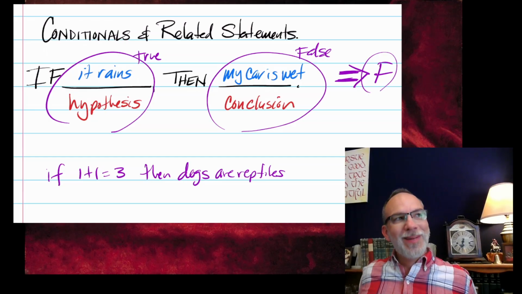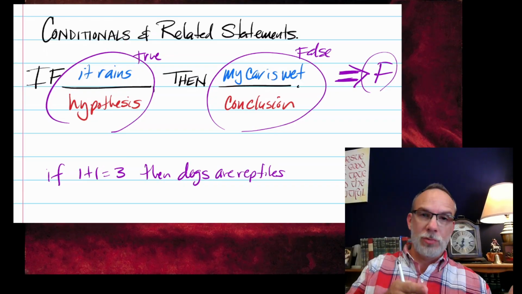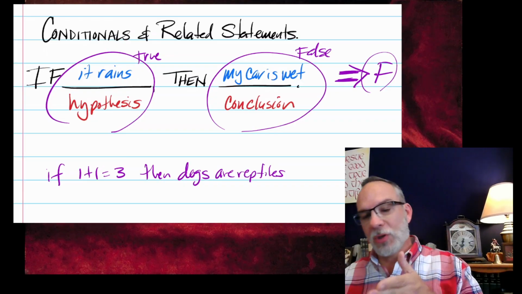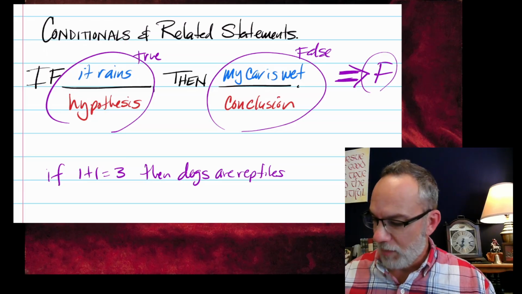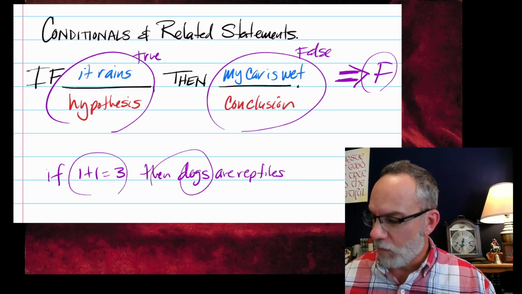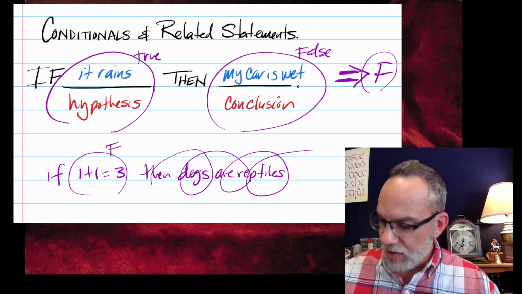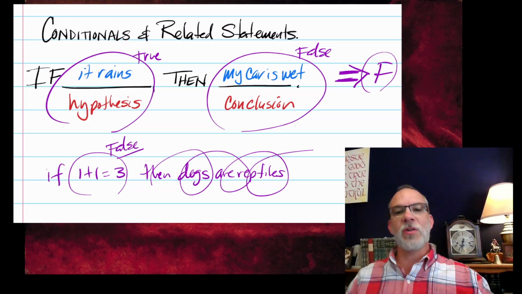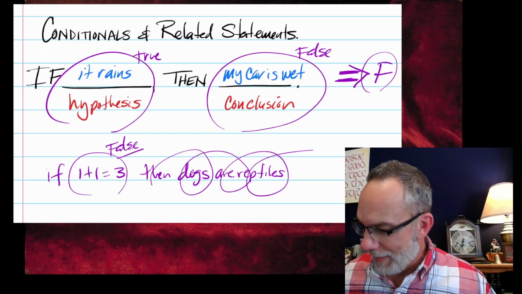No, that's a true conditional. The only way the entire conditional would be false is if the first part's true and the second part, the conclusion, is not true. So if 1 plus 1 is equal to 3, then it doesn't matter what you say right there. That could be any stupid thing in the world. If the hypothesis is false, then whatever. Okay?